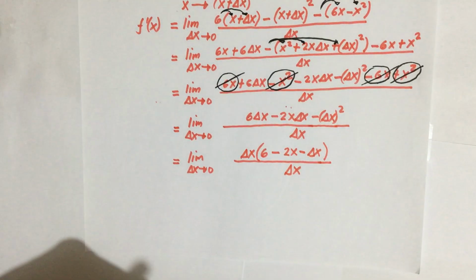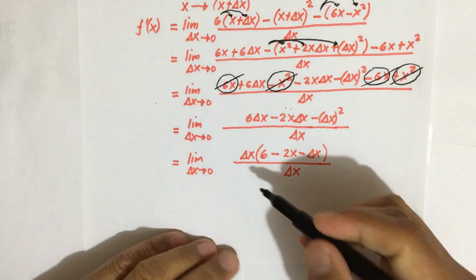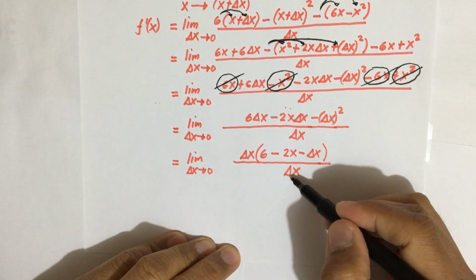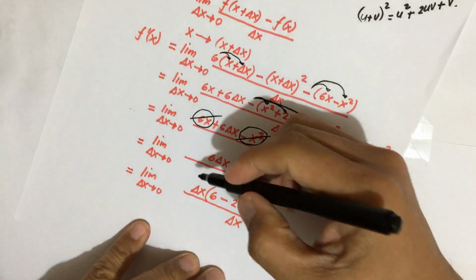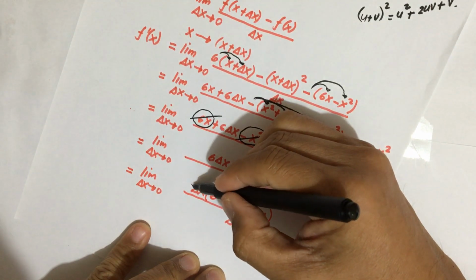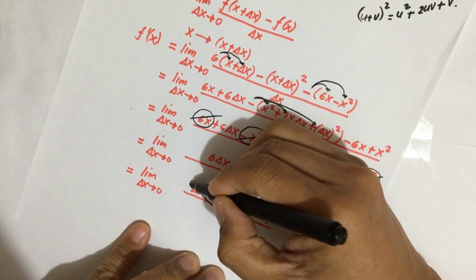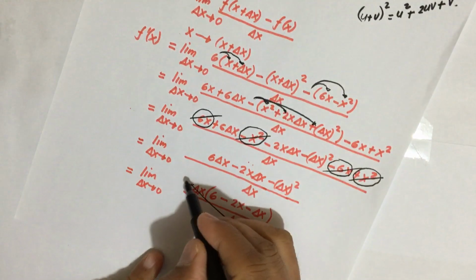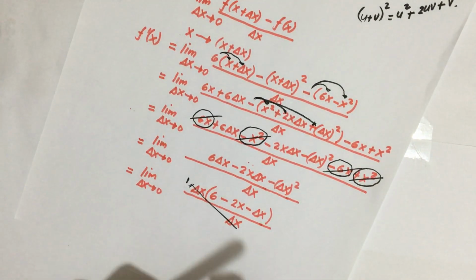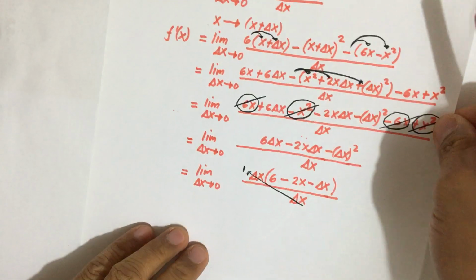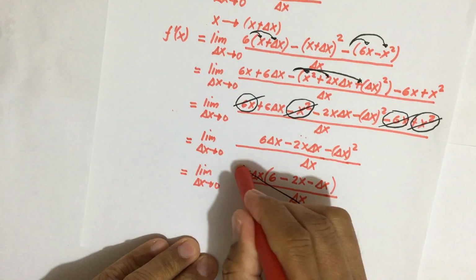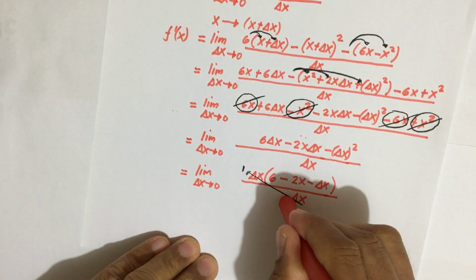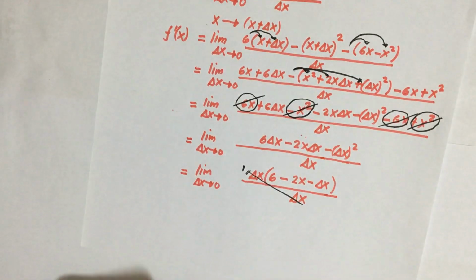Now looking at the numerator and denominator, we have delta x divided by delta x, so this will be equal to 1, right? So this is equal to 1. Okay, so you can either put 1 here at the numerator and at the denominator, it doesn't matter.